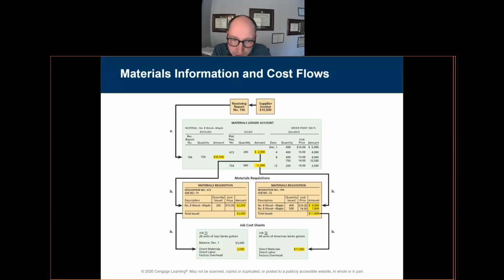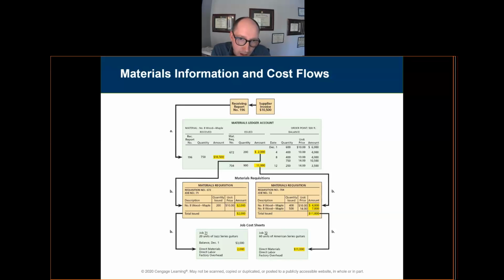To decrease an asset account, we credit the asset account. So when I purchase more raw materials from my supplier, I debit raw materials and I credit cash, right? I'm purchasing raw materials, that means I debit my raw materials account and I credit cash because I'm reducing cash to pay for the raw materials.